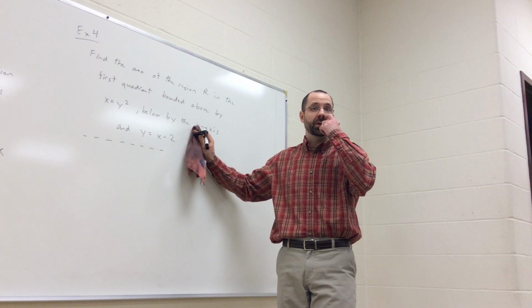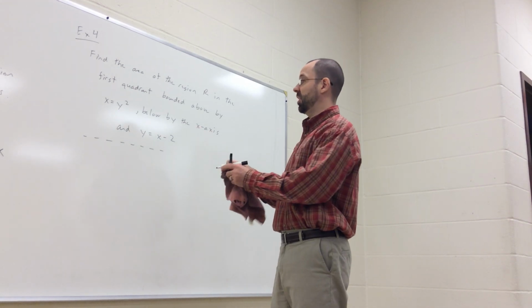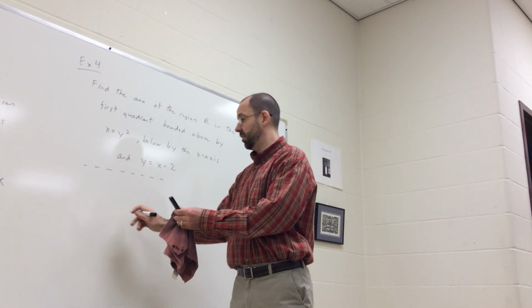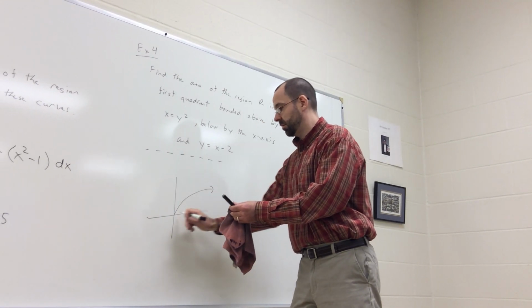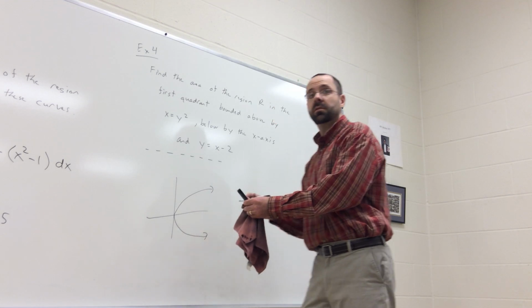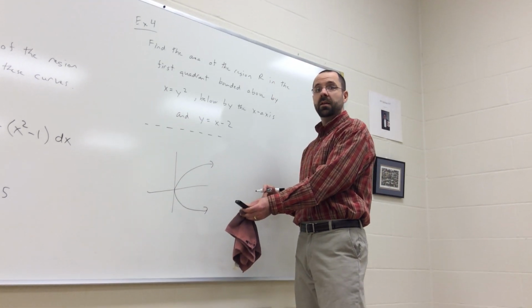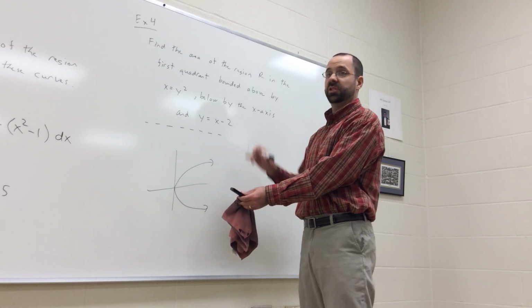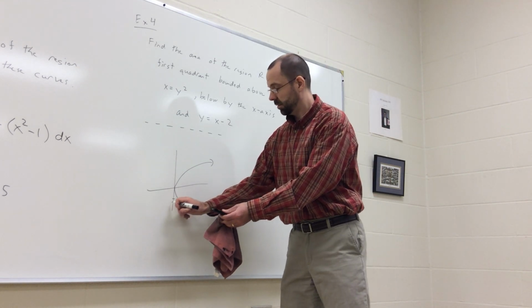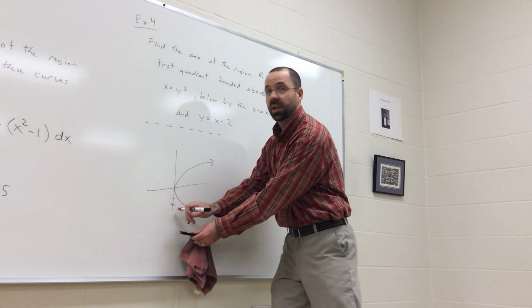It's not part of the bounded region. We already graphed x equals y squared earlier. That looked like this. And y equals x minus 2 would be a straight line, y-intercept negative 2.